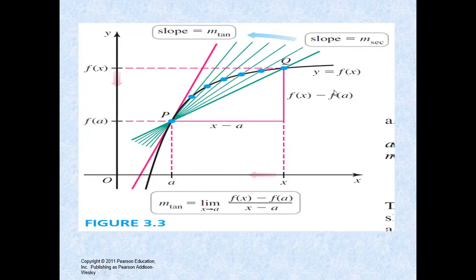So we can say that the function y equals f of x is nothing but the function f of x, the final point, minus f of a. So we can write here that m tangent, or slope of the tangent, is a limit where x tends to a, where x is approaching this point a, of f of x minus f of a over x minus a.